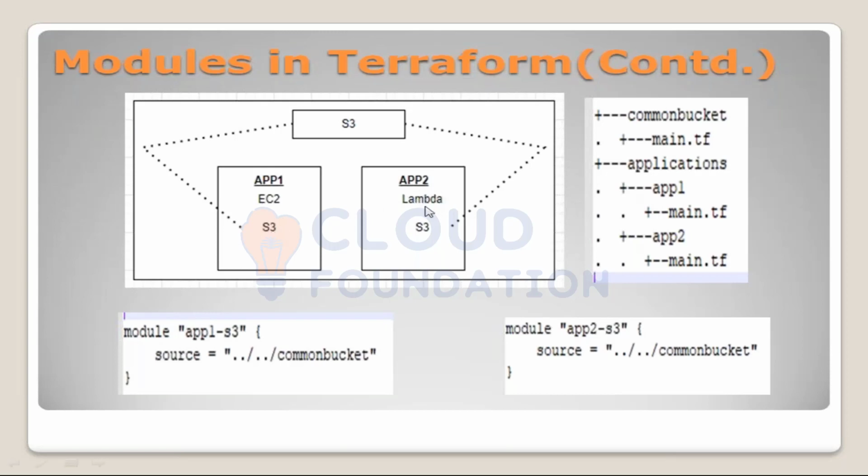Within app 2 you need a Lambda and an S3 bucket. Now here I'll have to write two S3 configurations in the general way we were doing till today. Two is fine, but let's say you are at an enterprise level and you have thousands of small applications running, and each would be needing an S3 bucket or something. Writing it 1,000 times is a headache, right? So what we do is we have a generic S3 definition, and from within these apps we would refer to those.